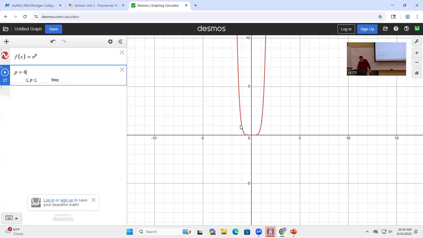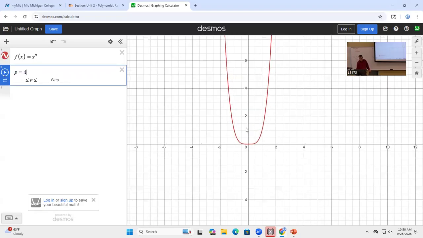A little flatter around 0, a little steeper as you move away. Same thing with 4, kind of looks like a parabola shape, but flatter around 0, steeper as you move away.